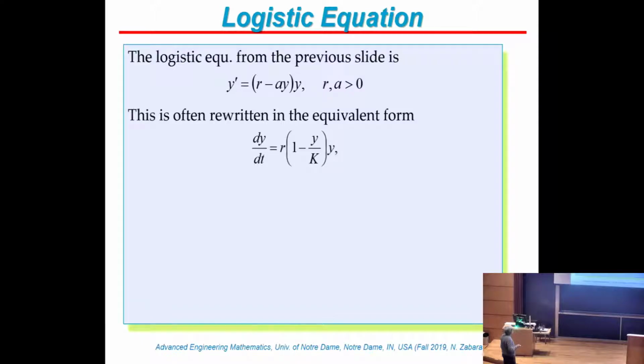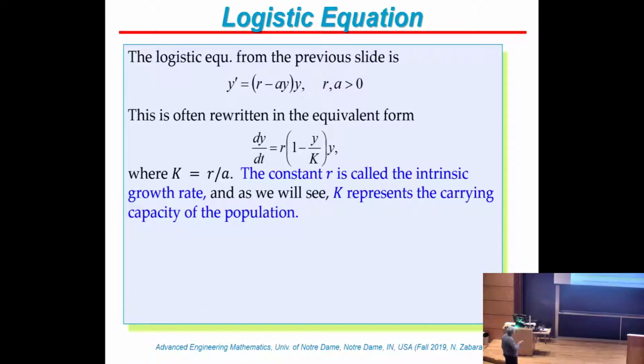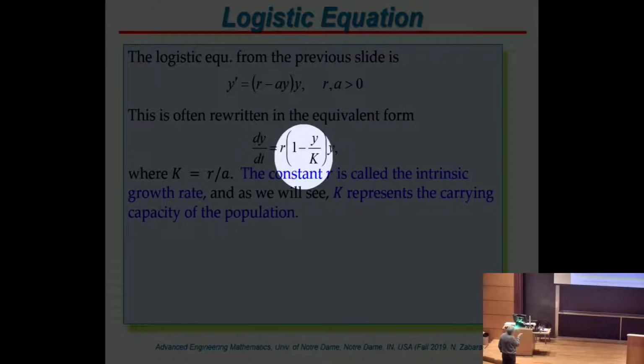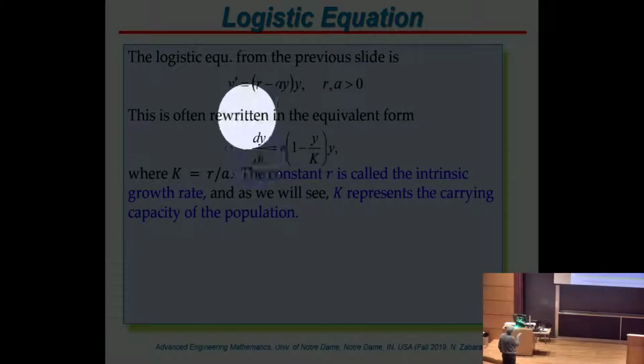All right, I don't have time to go through all the details. They're very elementary. So the first thing we do is, rather than having this abstract parameter alpha, in the literature they write the logistic equation as dy over dt.